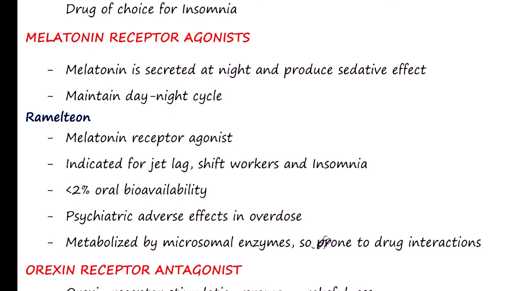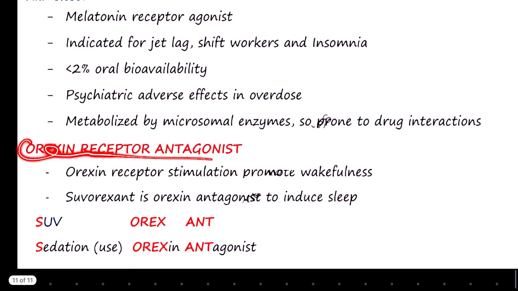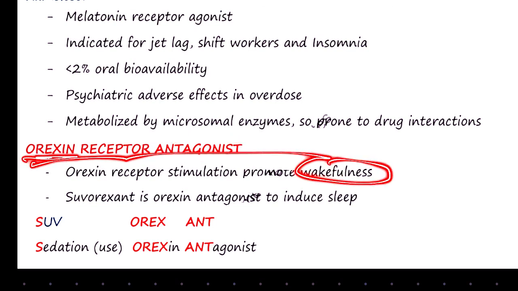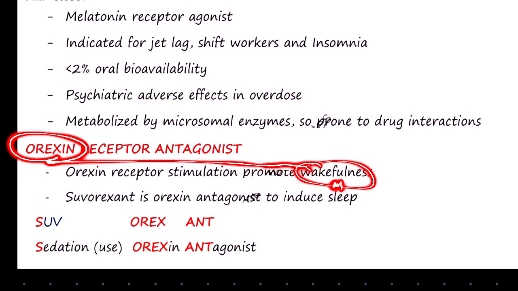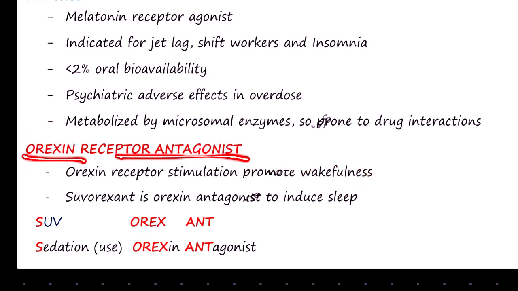Now another class: orexin receptor antagonists. Here we are talking about an antagonist. Orexin is responsible for wakefulness. When this factor stimulating wakefulness is antagonized, obviously sleep, hypnotic effect, will result. The orexin receptor antagonist is suvorexant.